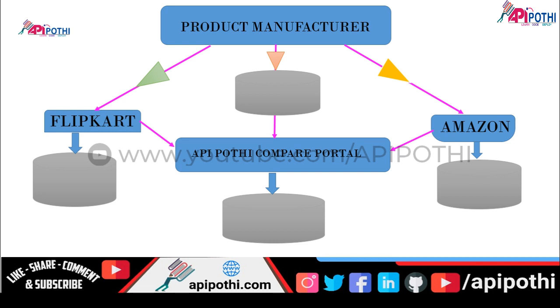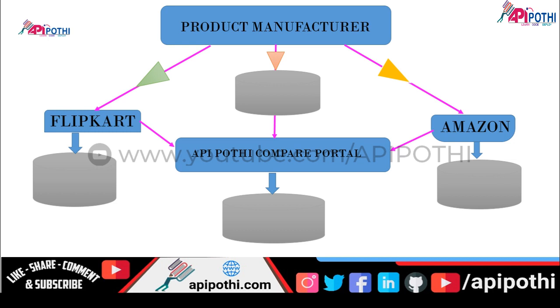And now we are going to develop another service, which is Amazon. Amazon service also has the same set of operations that Flipkart had. So in the same way we are going to develop the Amazon microservice.